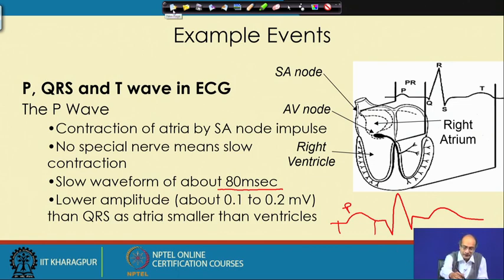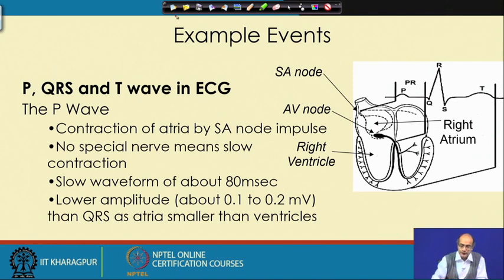So, that is the first event, and what does it signify? It signifies the atriums have started contracting. As they are contracting, there are some valves between the left atrium and the left ventricle, and the same way between the right atrium and the right ventricle.